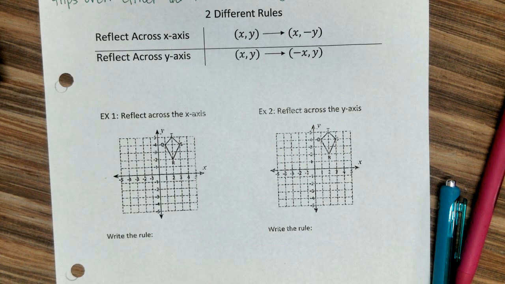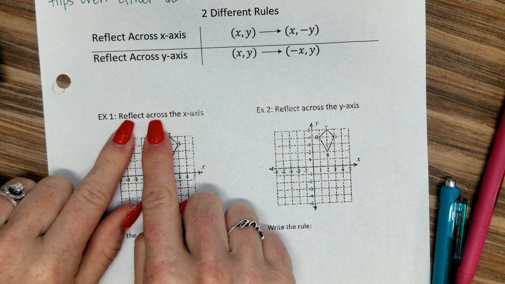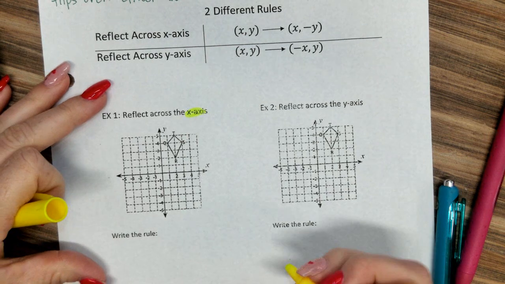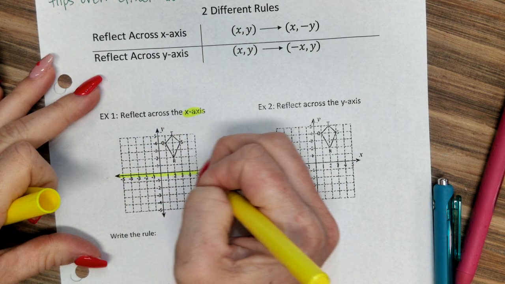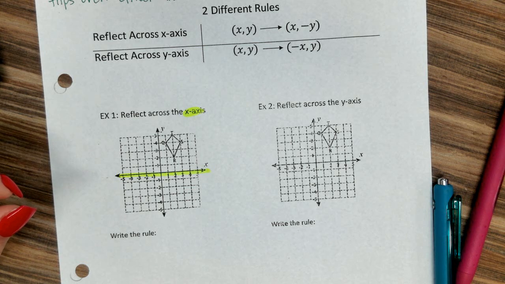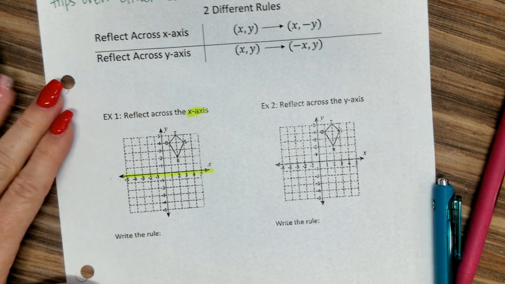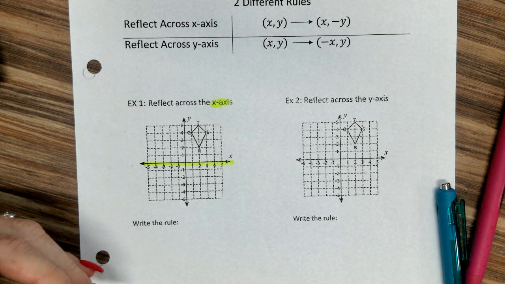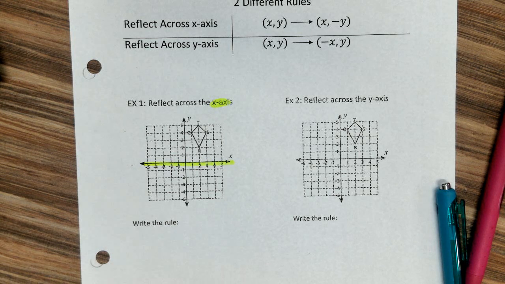The first thing we're going to do is we are going to draw a reflection across what? So everybody take your pencil and highlight the x-axis. If you have a highlighter, you can use it. When you reflect across the x-axis, it's going to go from bottom to top or top to bottom.